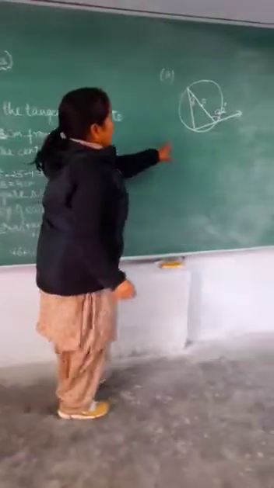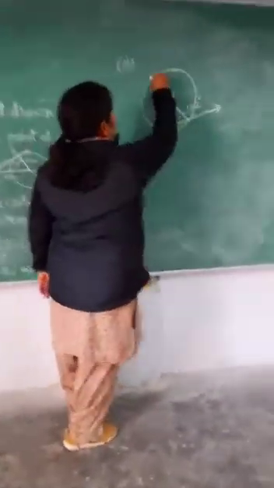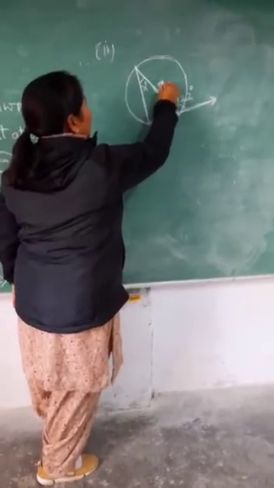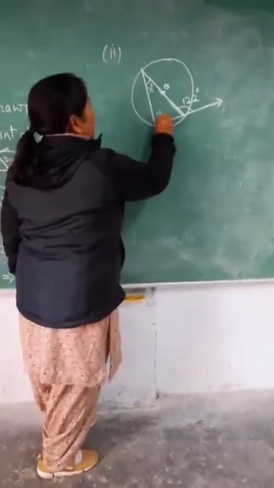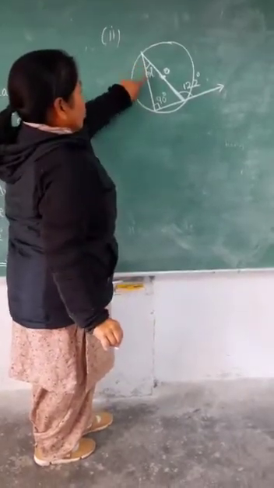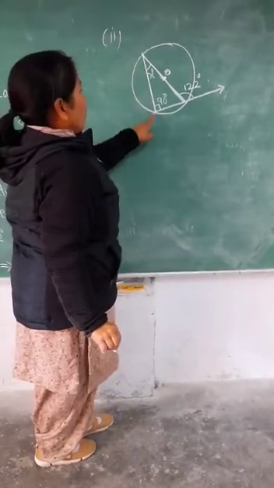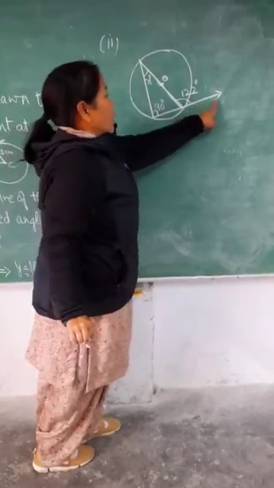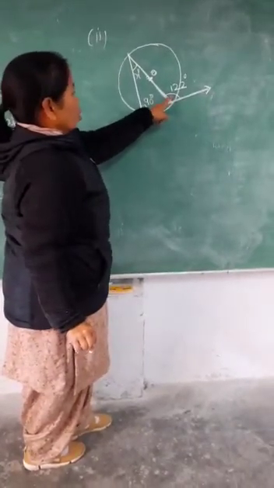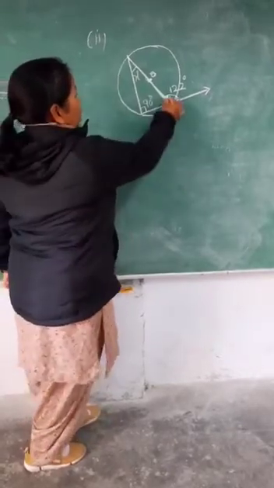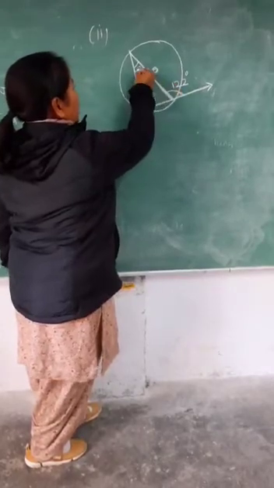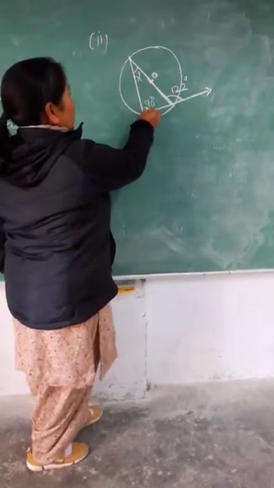Now another angle is here. This line is the diameter, because O is given, the center is here. This angle is 90 degrees. As you know, in a triangle, if one side of the triangle is extended, then the angle formed outside of the triangle is called the exterior angle, and the exterior angle is the sum of the two opposite interior angles.